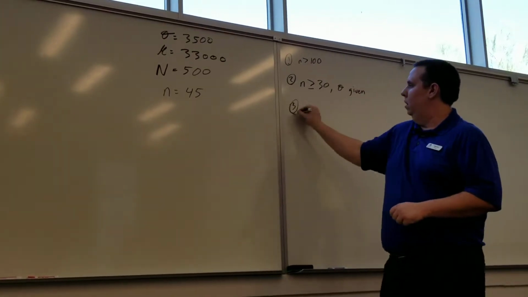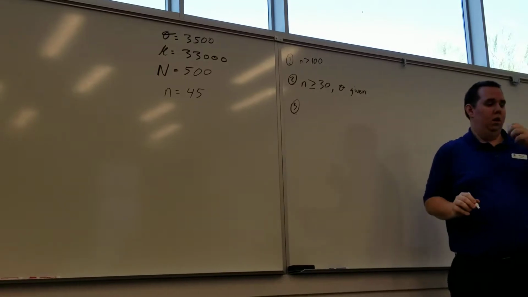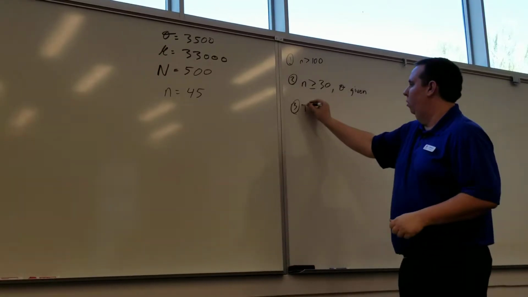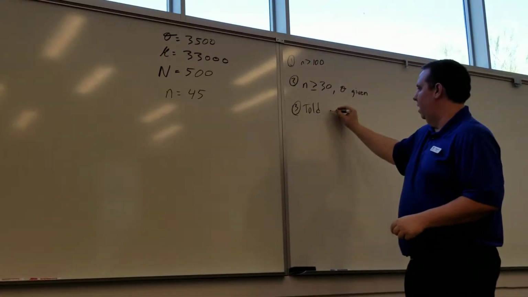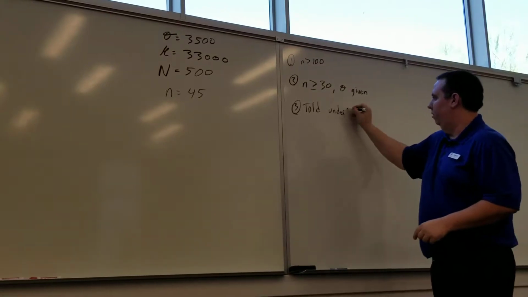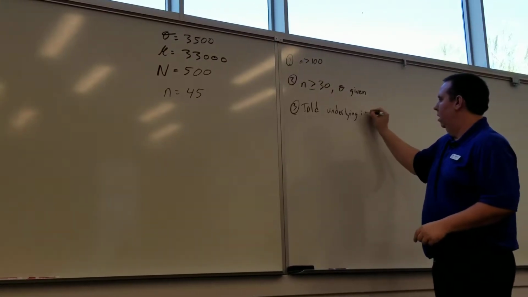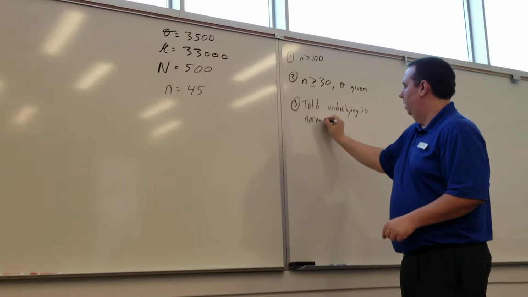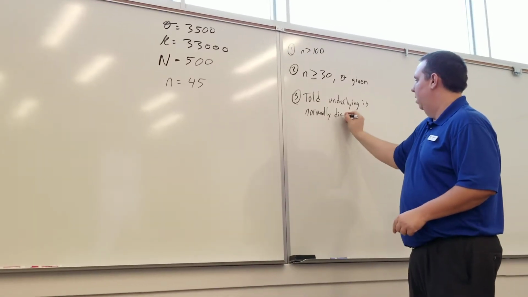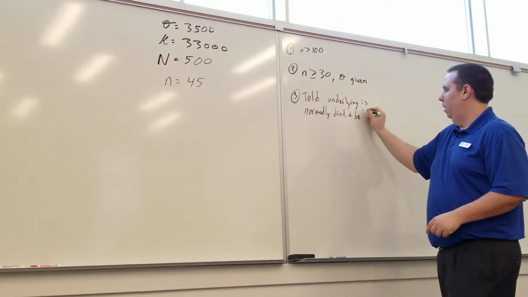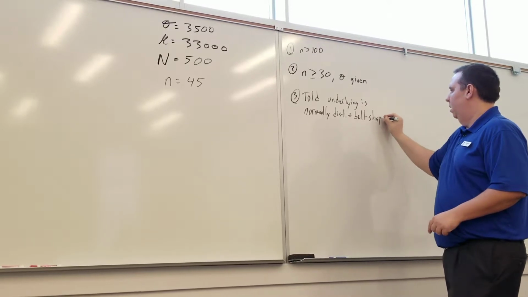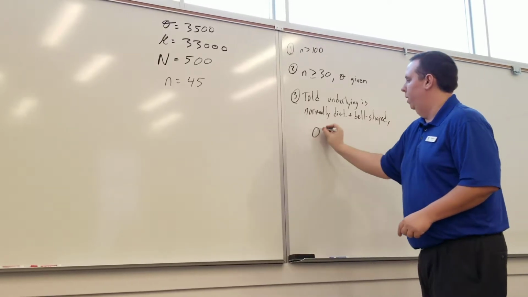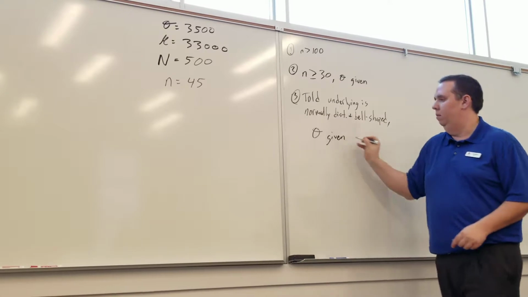And then the underlying population is normally distributed and bell-shaped with sigma given.